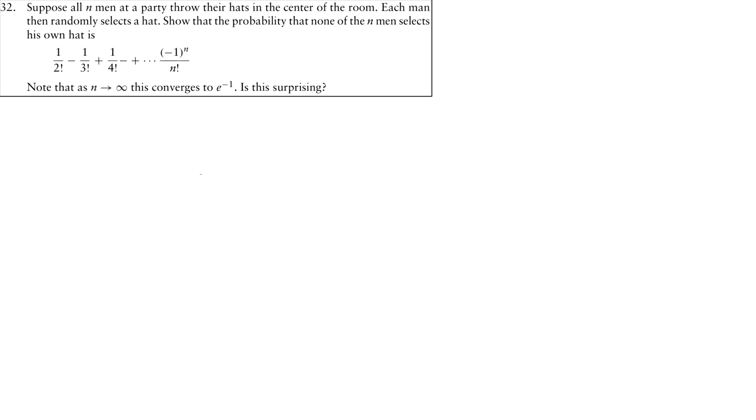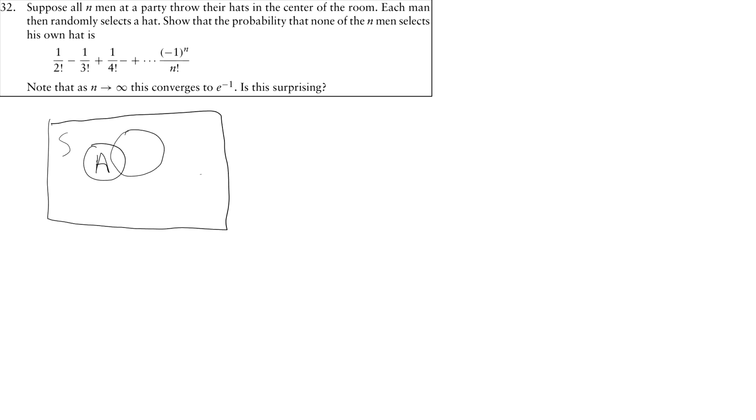In terms of a Venn diagram, this is the entire sample space and this is the event A, where person A is picking his hat correctly.